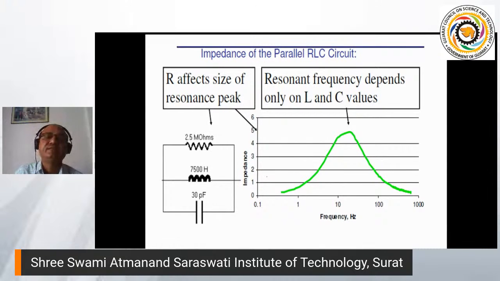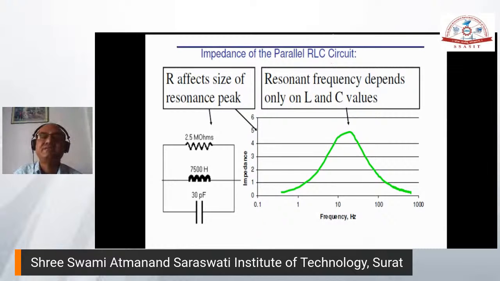You can see that impedance is varying because of the frequency dependency. At resonance, omega L and 1 over omega C will be the same. At that time R will be dominating, right? So that is going to have a different part of it.